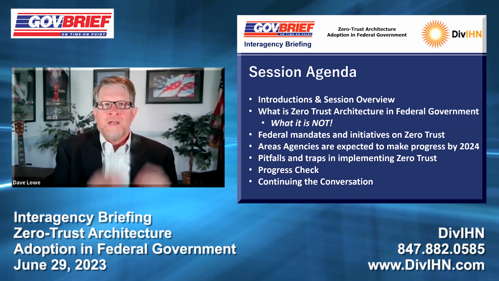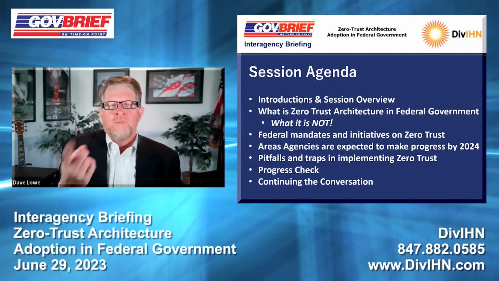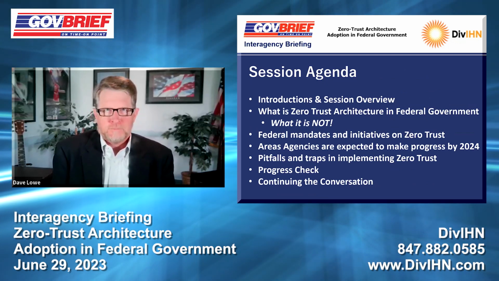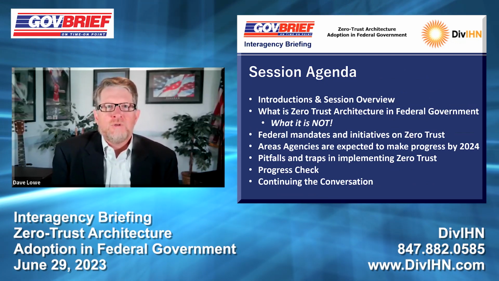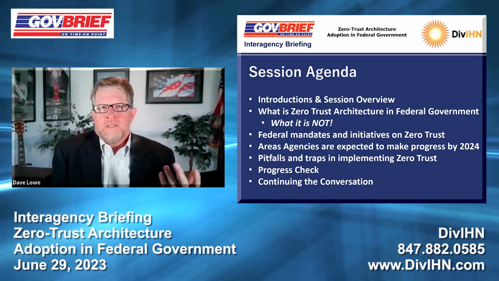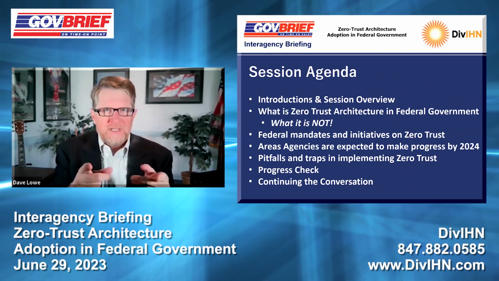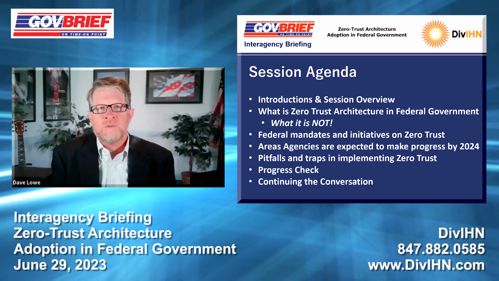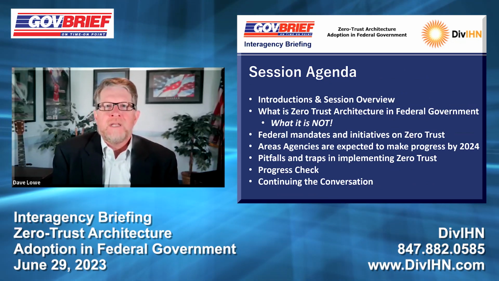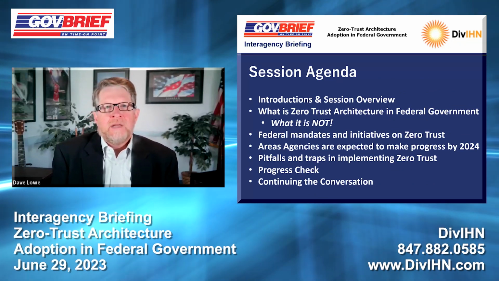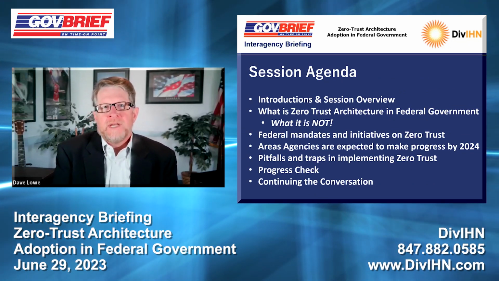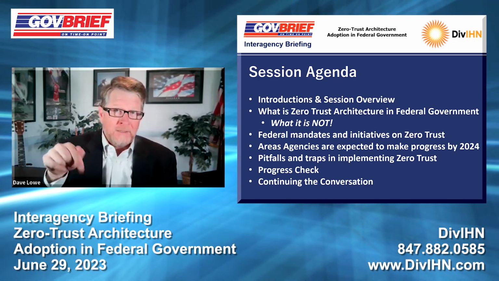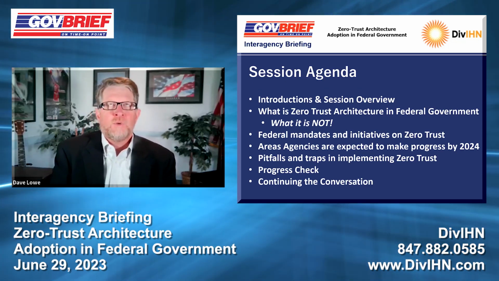I just introduced you to Joe. We'll get you to what we're really talking about in Zero Trust adoption, ZTA for short. So what is it in the federal government? More importantly, what isn't it? Because that becomes part of the issue, trying to figure out what it is and what it's not. There are federal mandates and initiatives on it, and we'll talk about that, as well as where agencies are supposed to be by 2024.